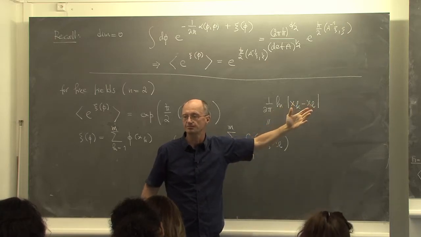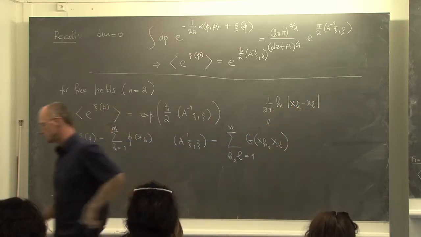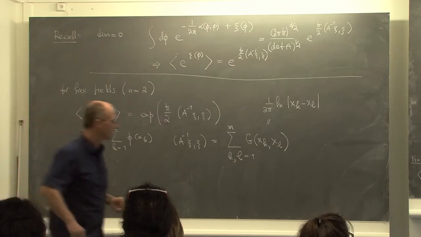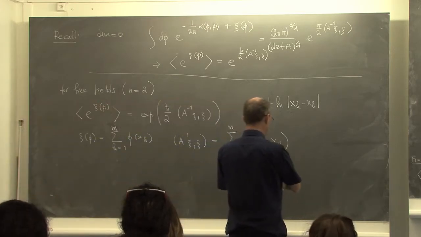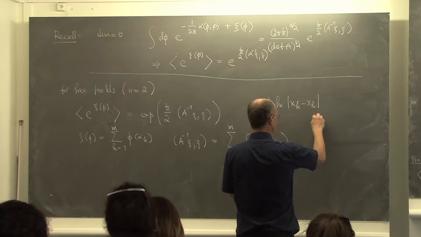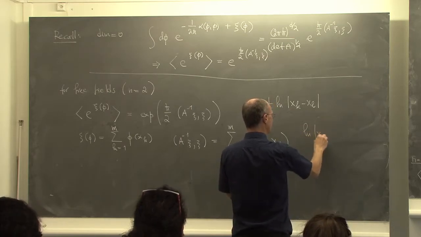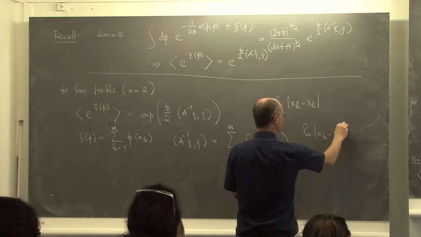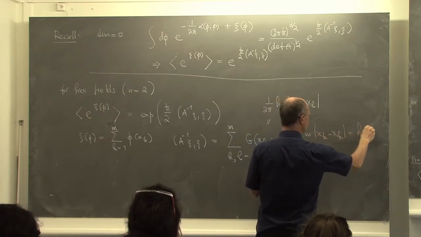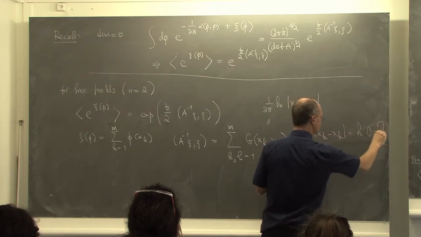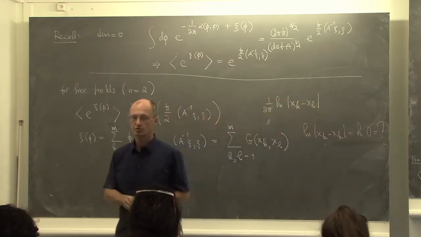It doesn't make sense. So log of xk minus xk is equal to log of 0. And of course, this is no good.